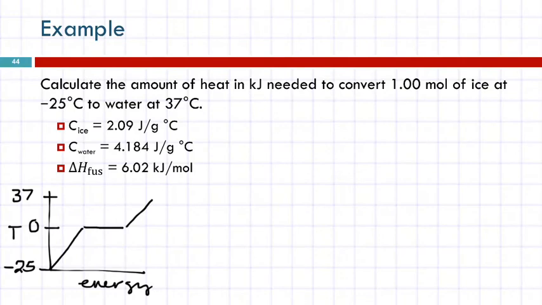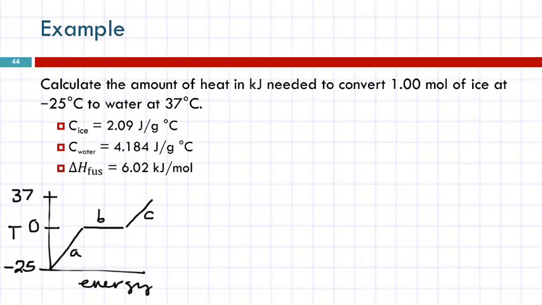We can just do a quick and dirty, ugly little sketch here. What this does, though, is it tells us I need to do 3 separate calculations. I'm going to call them A, B, and C. For each line segment, there's a separate calculation, and then you add them together at the end.